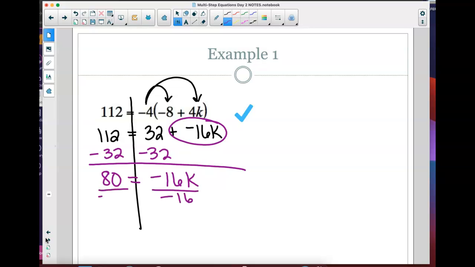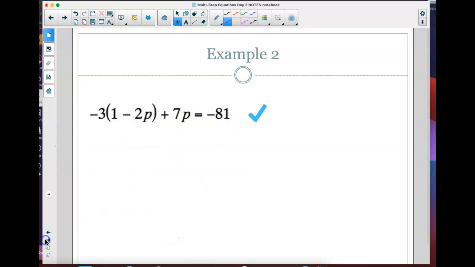Don't forget the negative sign. So these cancel out. We have k equals -5. There's the answer. Okay, questions there? All right, let's look at the next one.